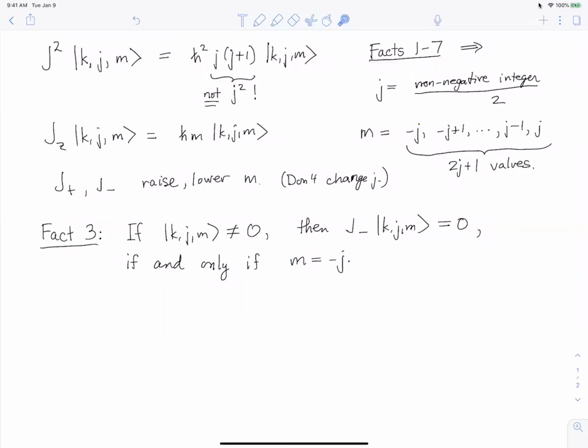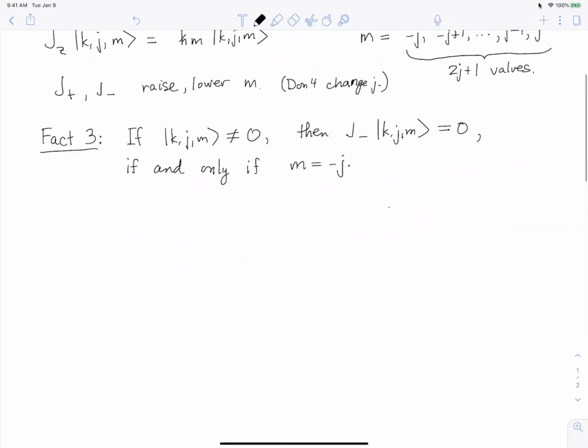This part comes in because if it was the null state to begin with, then maybe you were somewhere up here or down there. Those are states that don't actually exist. So that's fact 3, which we'll use very soon.